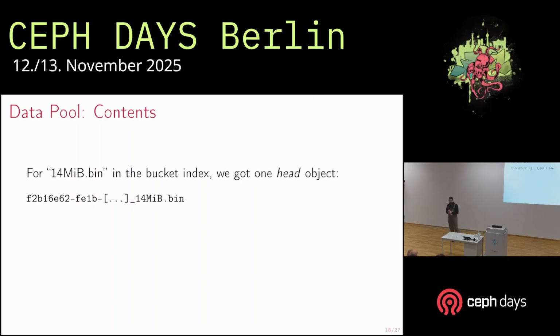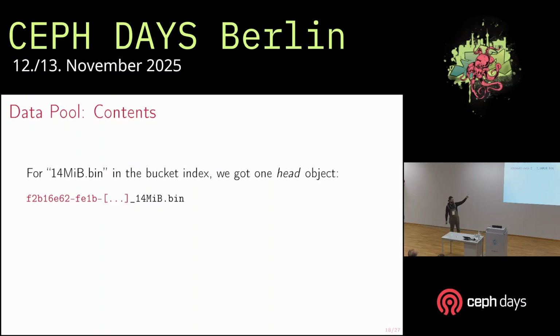First of all, we have a so-called head object. And if you look at the head object, we have again this bucket marker. So every object in the data pool is prefixed with the bucket marker, so we can immediately find out to which bucket it originally belongs. That's also why you can actually rebuild the bucket index.